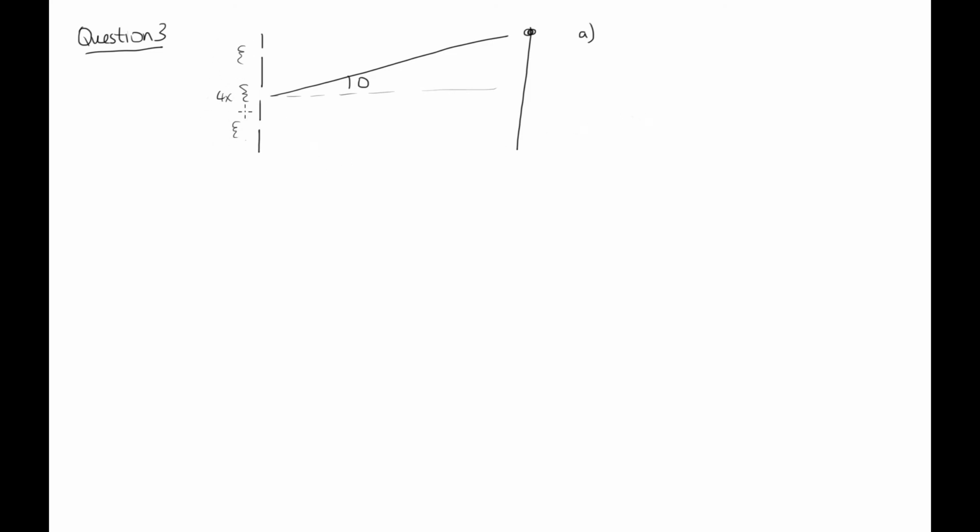So we've got a plane wave coming in, so we've got the same intensity of light which is incident on each of these slits. Now, because this middle slit is 4 times as large as the outer slits, it's going to let 4 times as much light through.